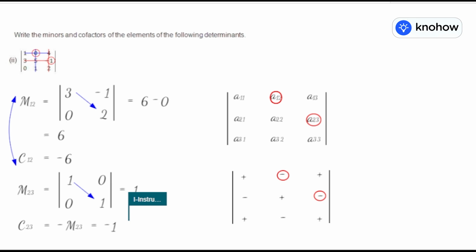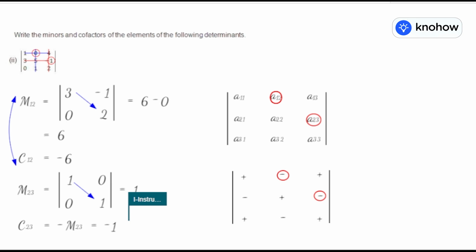He says using the cofactors of the elements of third column. Now read the question again. Using the cofactors of the elements of second row. It is second row, so we have to do it with second row.